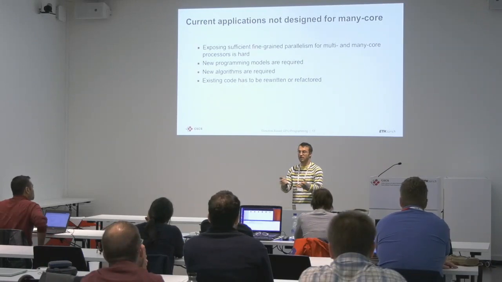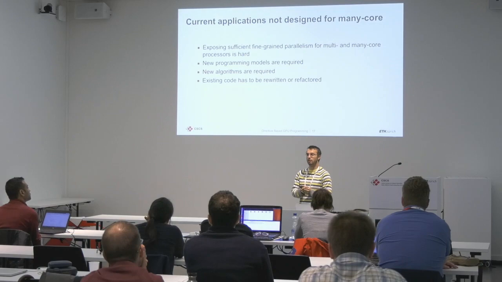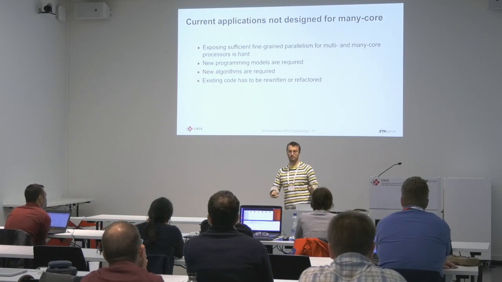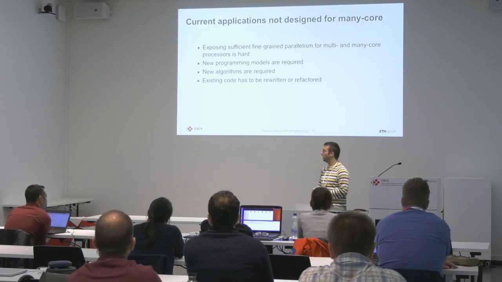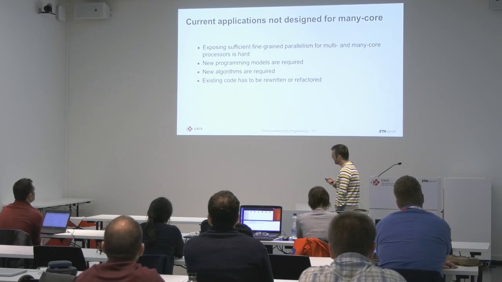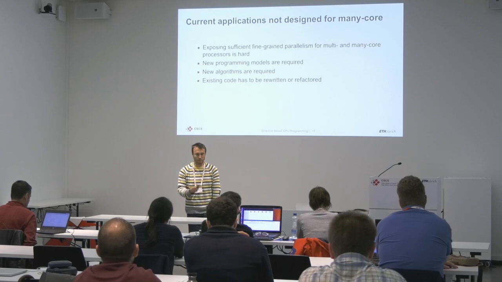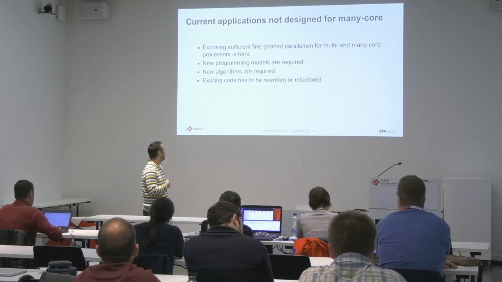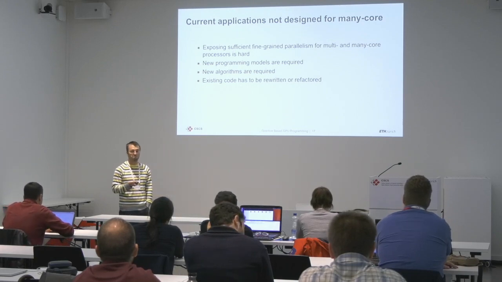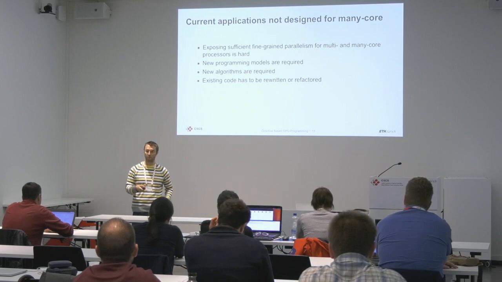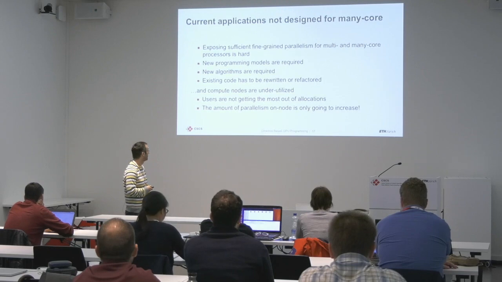For example, to take a loop and execute each iteration of the loop in parallel, ideally. But this is not very easy to achieve because we need new programming model paradigms and new algorithms, and current code must be refactored or rethought so that it can take advantage. So this is a very hard task.